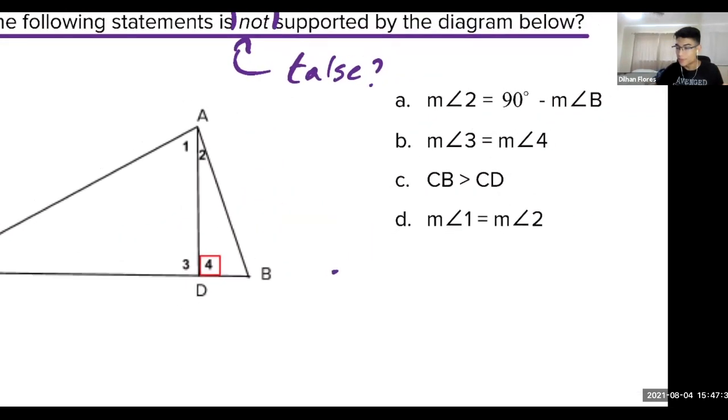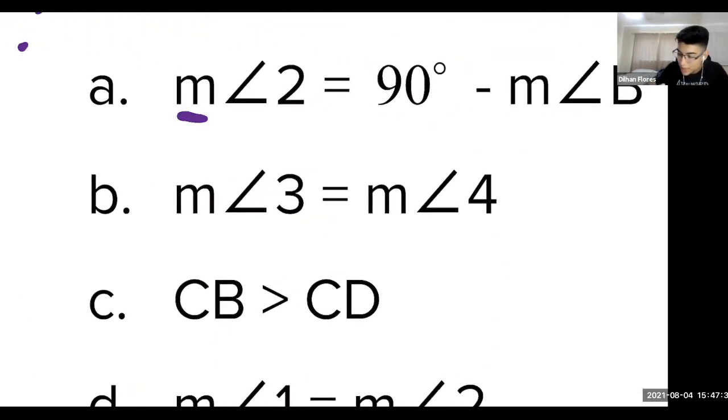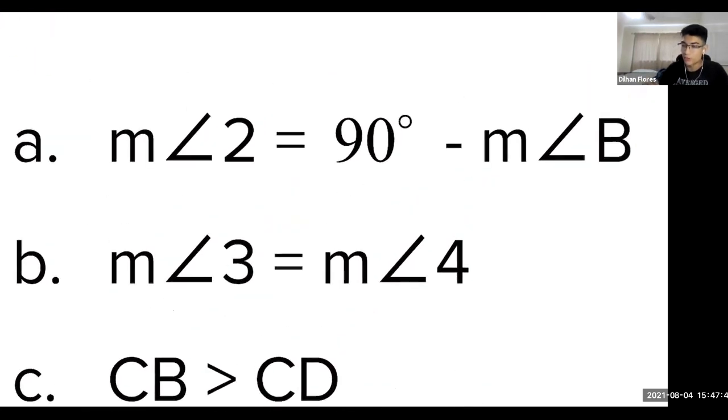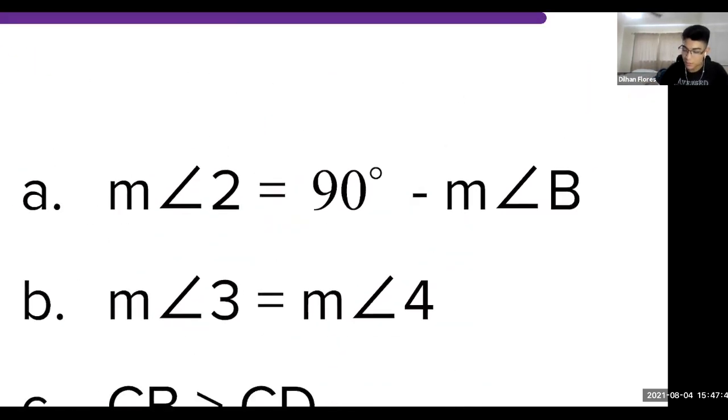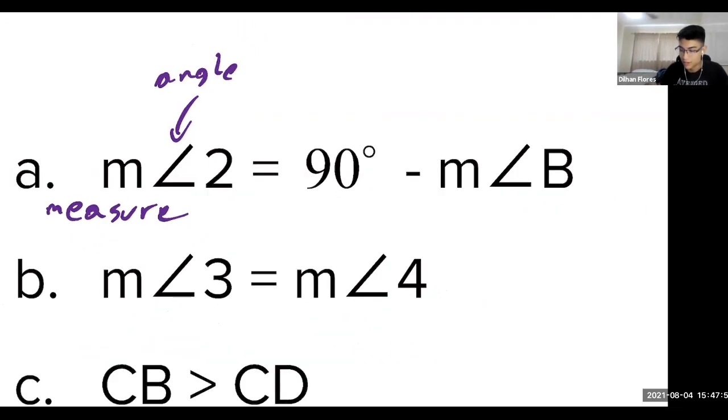Okay. So we have M, this triangle looking guy, and then a 2. Okay. Elizabeth Lucas killing it in the chat. So what this is saying is, what is the measure of angle 2?